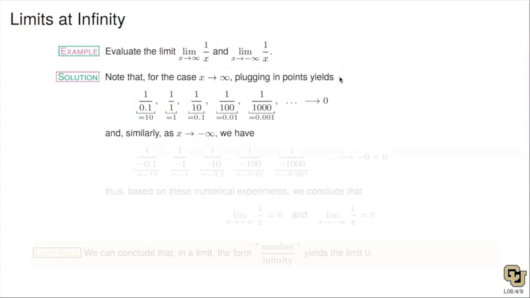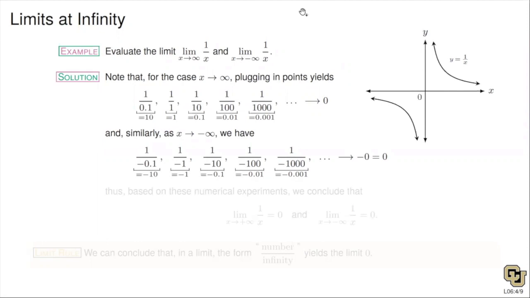Similarly, if x goes to negative infinity, as I make the denominator larger and larger, the fraction gets smaller and smaller and basically converges to negative 0, but negative 0 equals 0. The graph bears it out. If you look at the tail portion of the graph, that's x going to infinity or x going to negative infinity, you can see the function approaches 0.